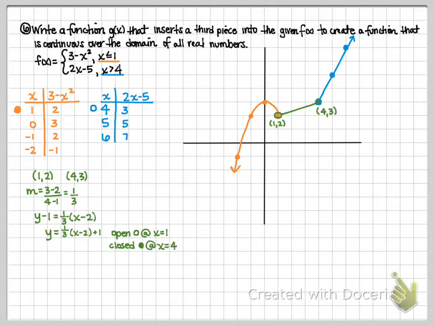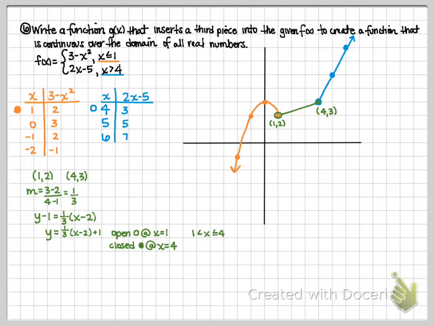Alright, so I know that the 1 is going to be on the left, the x is going to be in the middle, and the 4 is going to be on the right. I want it to be open on the 1, so no equal to, and I want it to be closed on the 4. Definitely equal to.